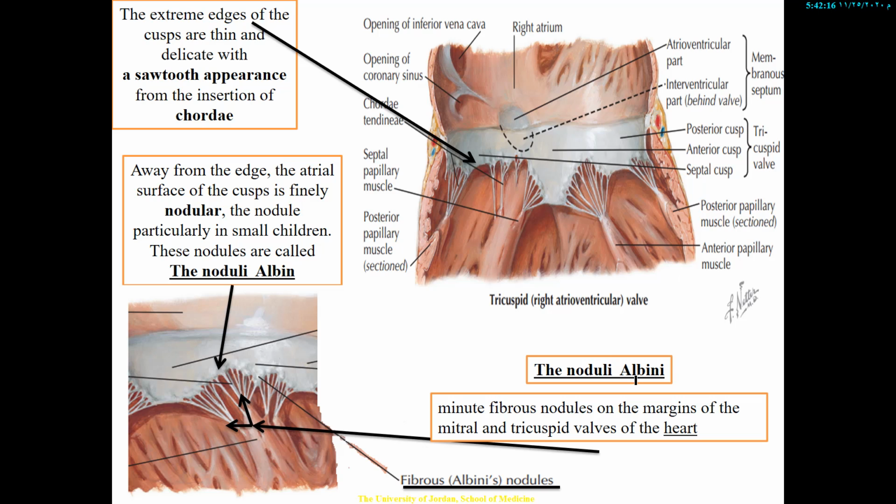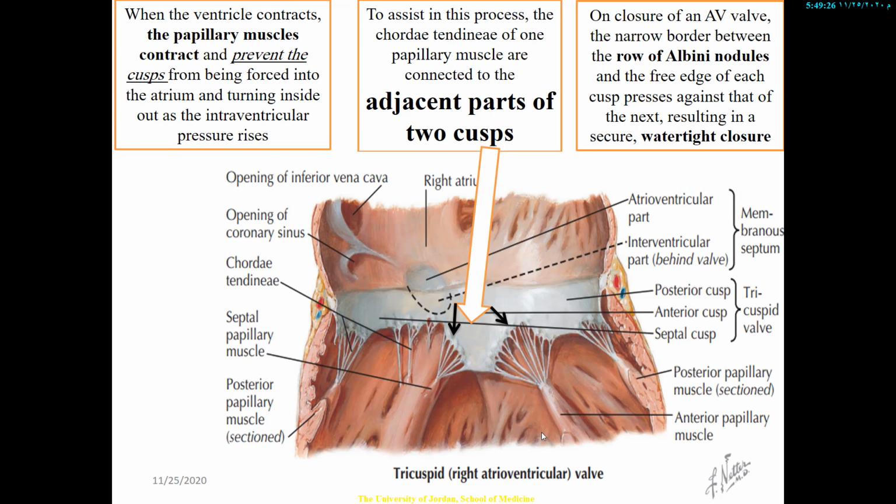The noduli albini are small fibrous nodules on the margin of the mitral and tricuspid valve of the heart, as you can see them here. This one, this one, this one. They are associated with the closure of the valve by becoming intermingled with each other from different cusps to tightly seal the valve.